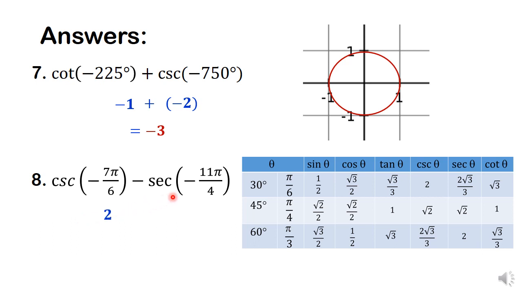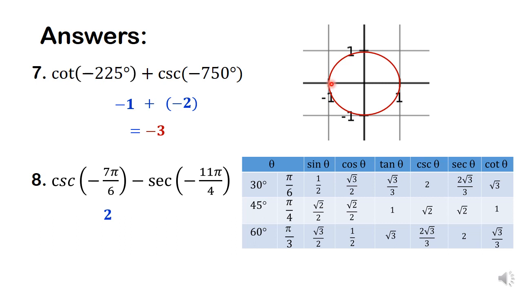11 pi over 4, so ang closest multiple natin si 12. So, 12 pi over 4 minus pi over 4. Okay? So, 12 pi over 4, ano yun? 3 pi, no? Ay, mali. Sorry.